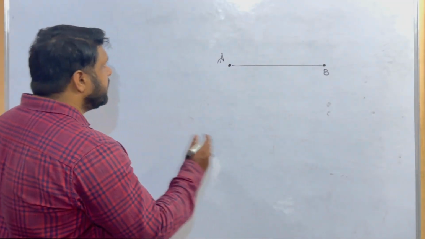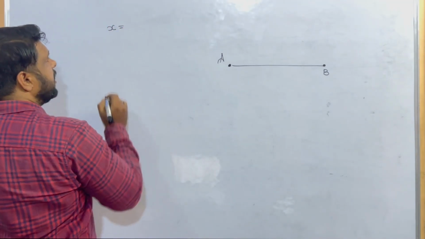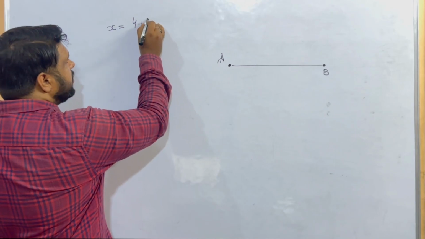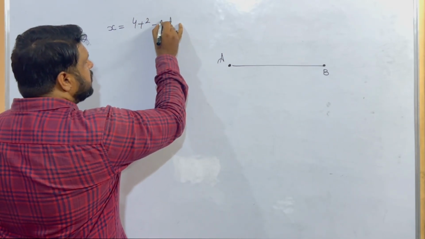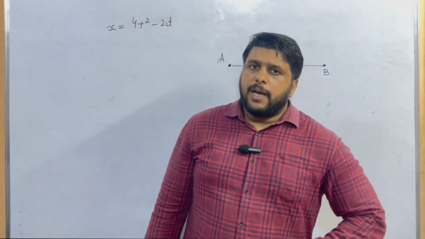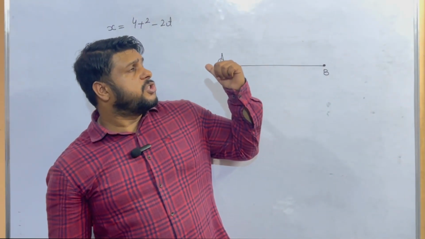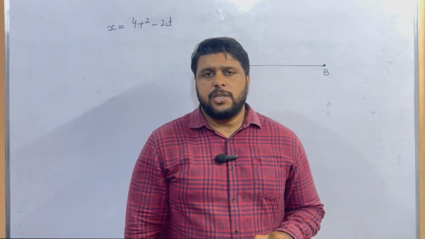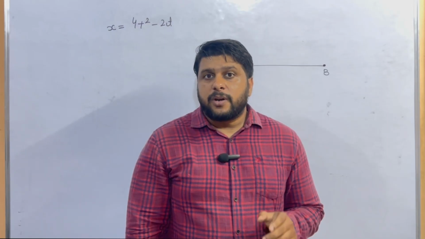They will say x is equal to, let's say, 4t square minus 2t. Here they are asking you to check whether it is going to reverse its direction or not. Why am I telling you about reversing its direction?